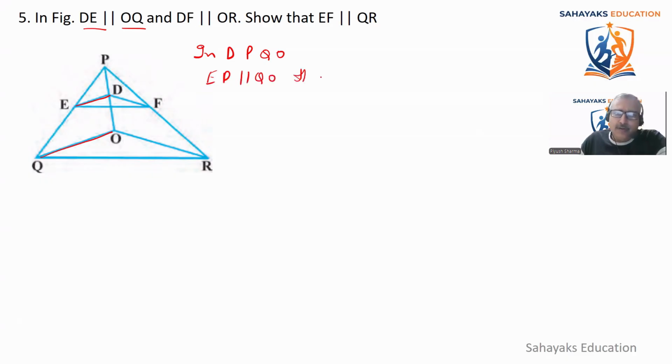Therefore, PE divided by EQ should be equal to PD divided by DO. Yes or no? This is by theorem 6.1.